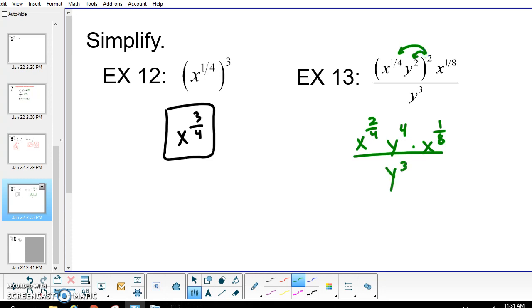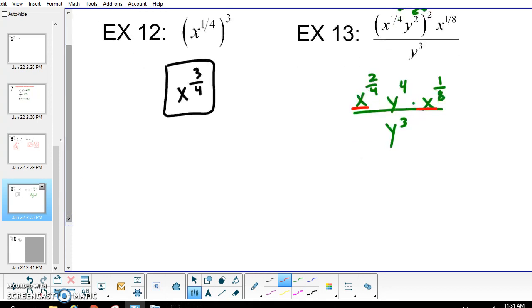Okay, so I want to do that first. Then I'm going to combine my common bases here. So I'm multiplying here on the top those x's, so I'm going to add those exponents. The 2/4 does reduce, but I want to wait to do any reducing until after I've combined and got all my bases together. Okay, so you're going to do 2/4 plus 1/8.